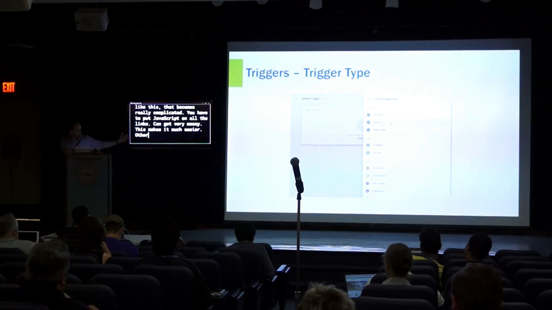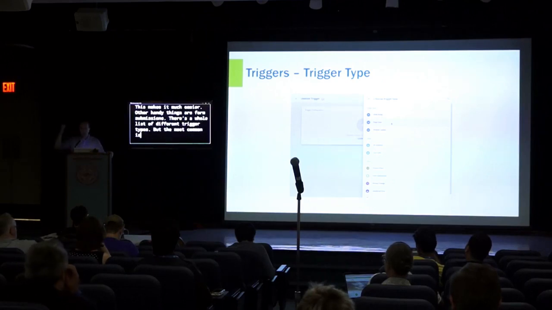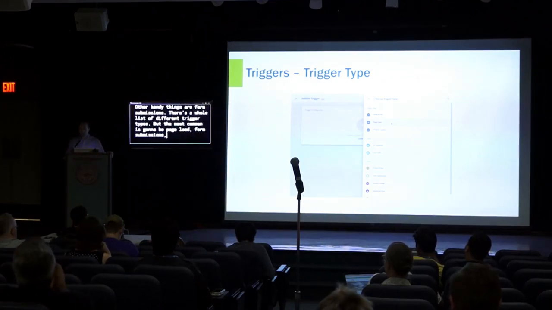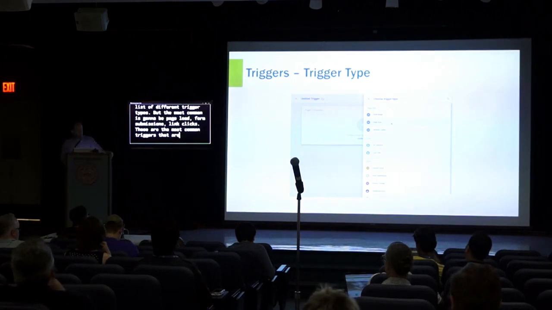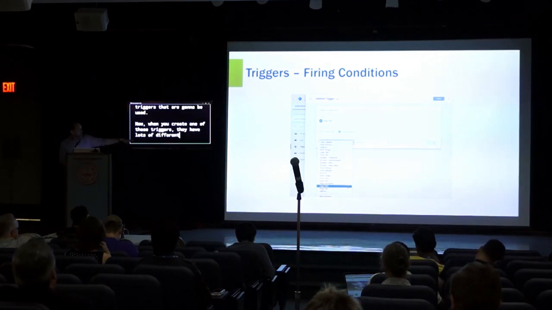Other handy things are form submissions. There's a whole list of different trigger types, but the most common are page load, form submissions, and link clicks. Now, when you create one of these triggers, they have lots of different firing conditions.